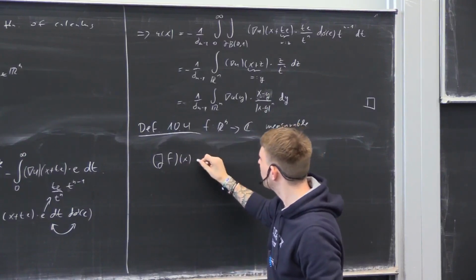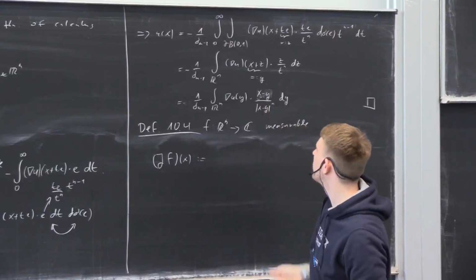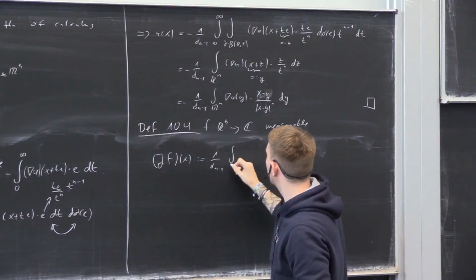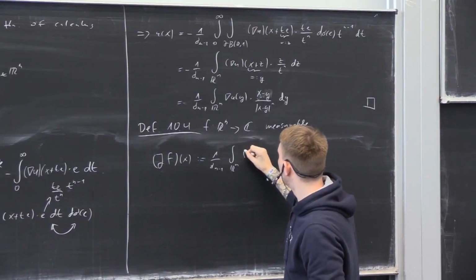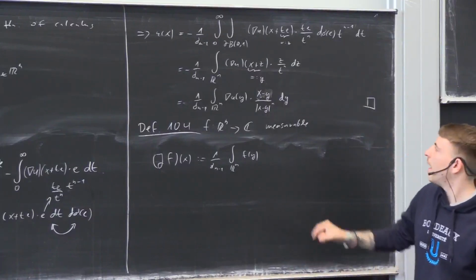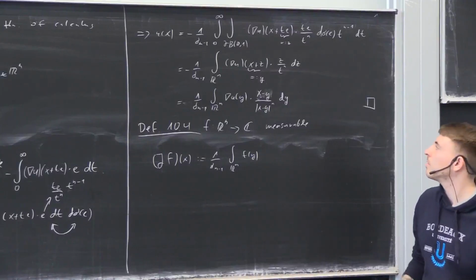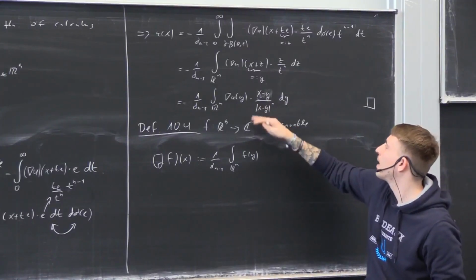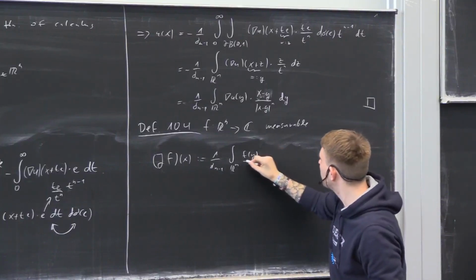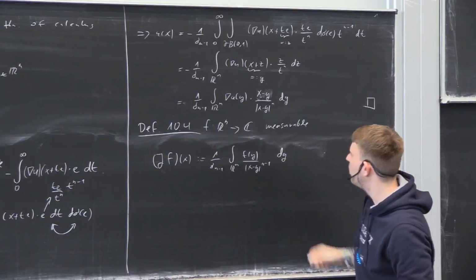In a point x, we define it by 1 over sigma n minus 1 integral over Rn of f of y. The only difference is I don't take this kernel, which has a sign, but its positive version. So I apply an absolute value on the whole expression, and this gives |x minus y| to the n minus 1 dy.